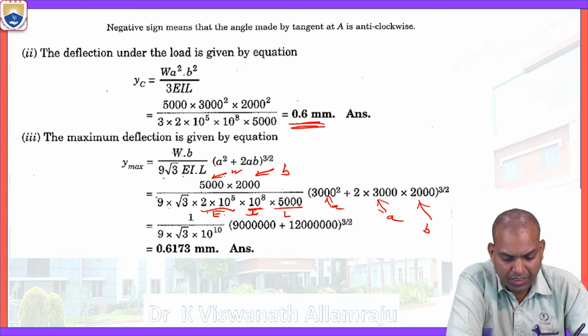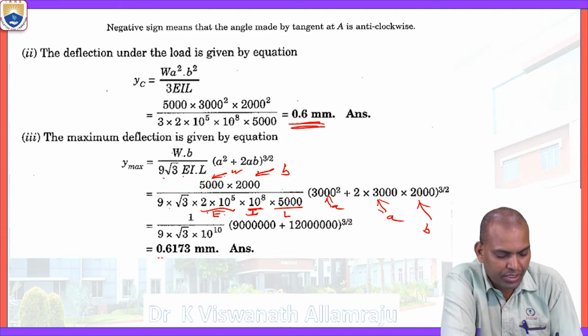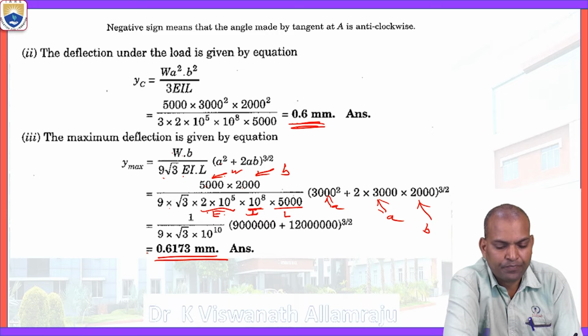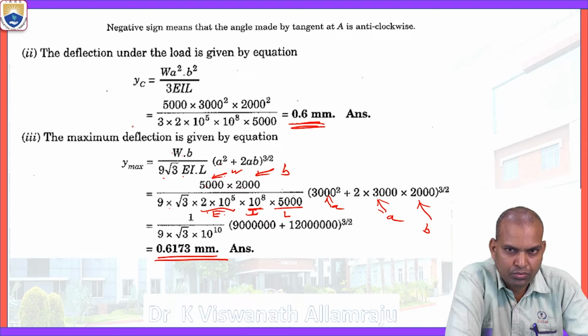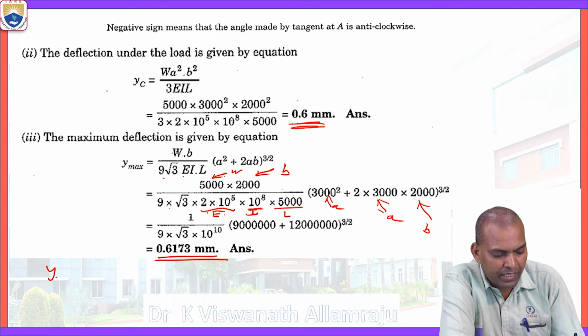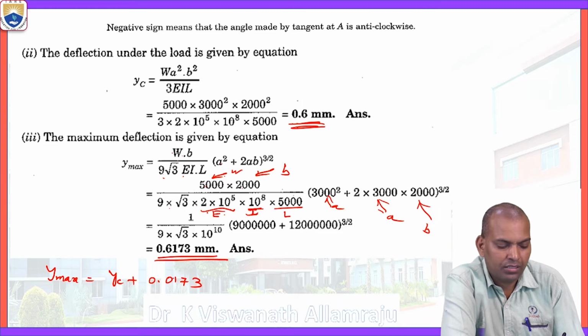After substitution and calculating, the maximum deflection value is observed as 0.6173 millimeters. So how much is it maximum in comparison to the deflection under the point load? 0.0173 millimeters is more than the deflection under the load. So Y maximum is YC plus 0.0173.